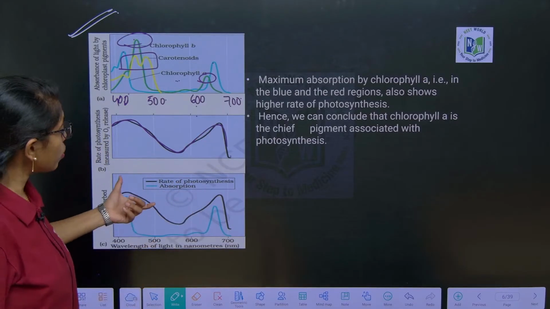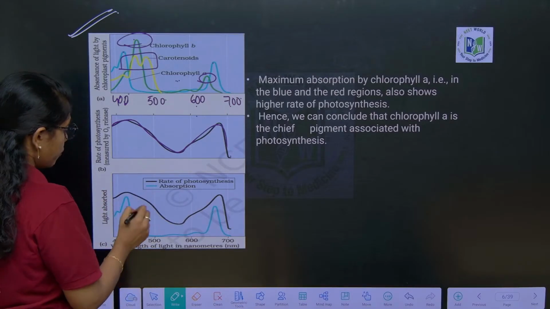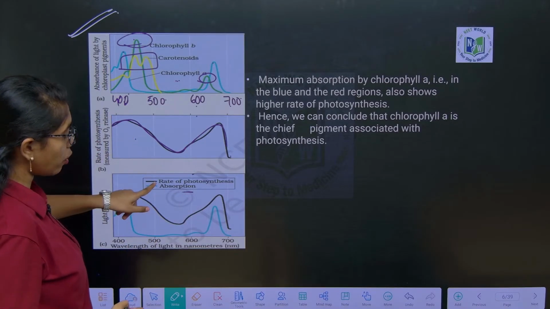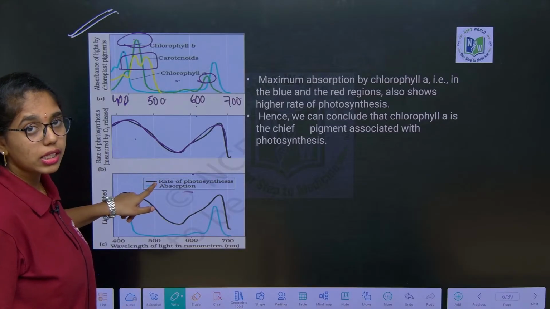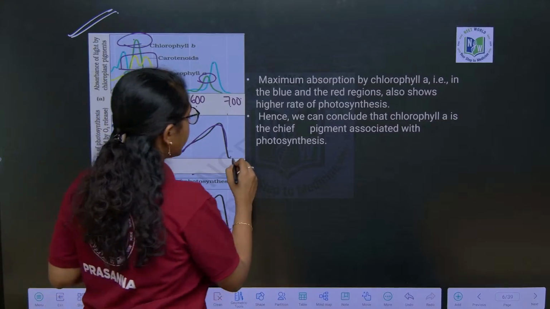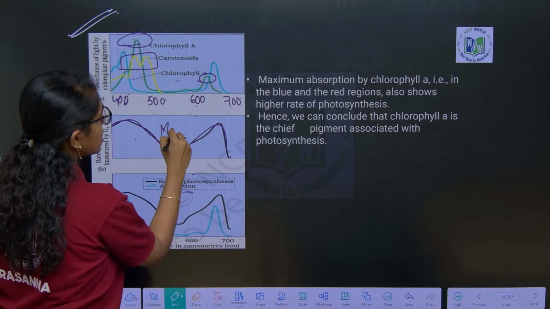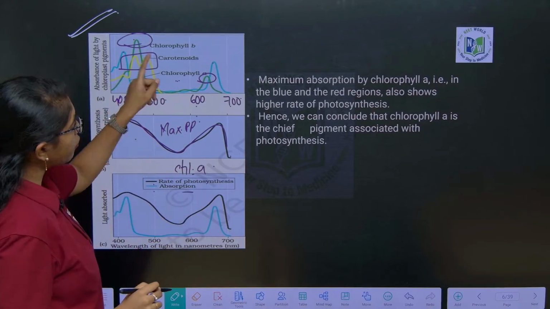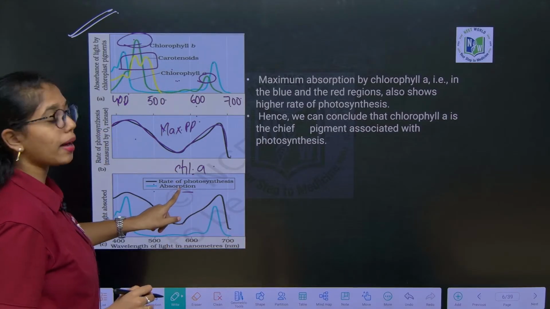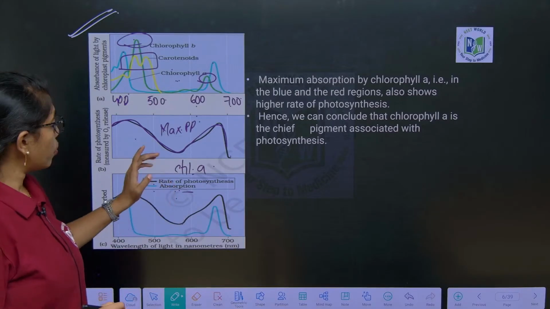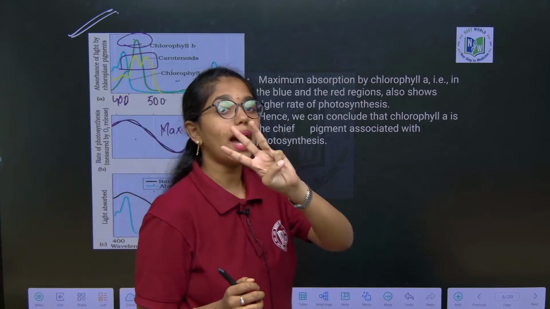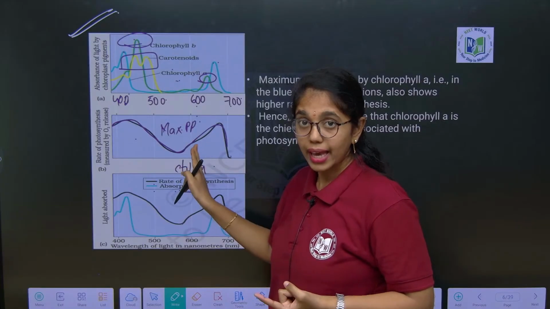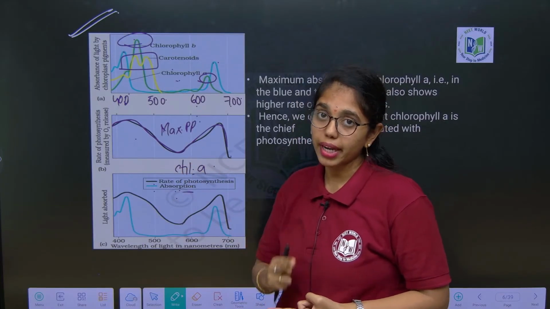When you are projecting the action spectra and absorption spectra, there are two different graphs, one showing the rate of photosynthesis and the other absorption. The maximum photosynthesis rate is shown in the action spectra, and that is by chlorophyll A. The action spectra coincides with the absorption spectra of chlorophyll A. So with this graph, there are three things you have to remember: two peaks are shown by chlorophyll A, and chlorophyll A is conducting the maximum rate of photosynthesis.